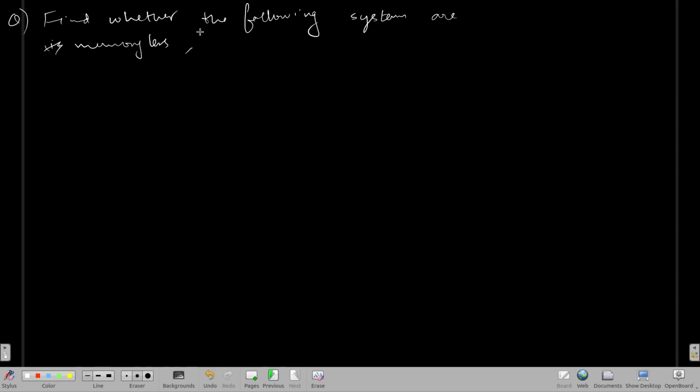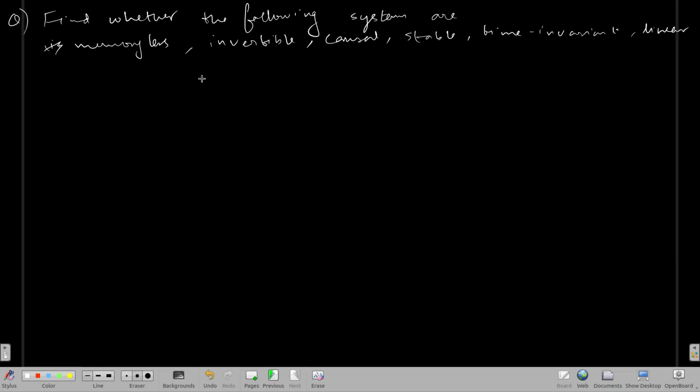So here the question is: find whether the following systems are memoryless, invertible, causal, stable, time invariant, and linear.